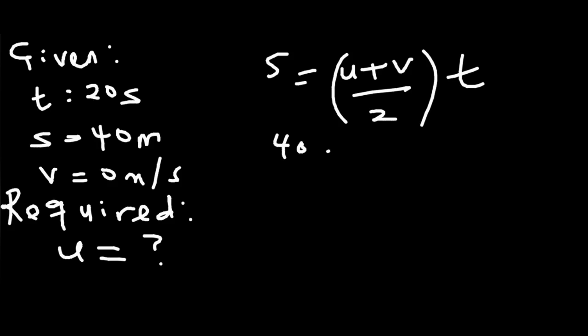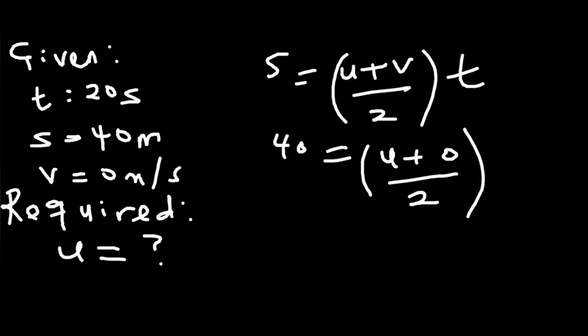By substitution, we have 40 equals (U, that's what we're looking for, plus the final velocity 0) divided by 2, multiplied by 20. And of course, we shall have 40 equals (U plus 0) multiplied by 10, since 20 divided by 2 will give 10.